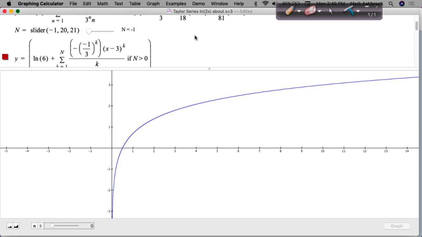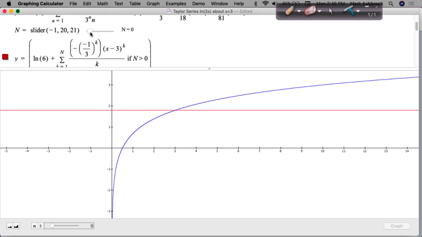The 0th degree, so a horizontal line at x equals 3, at the function value, right? So for your first one, you should have drawn that. What does it get right? It only gets the function value right.